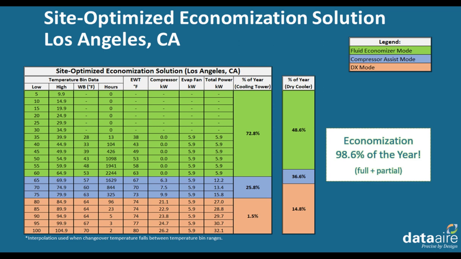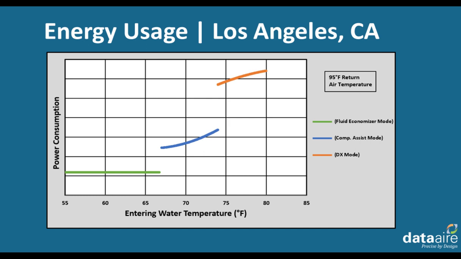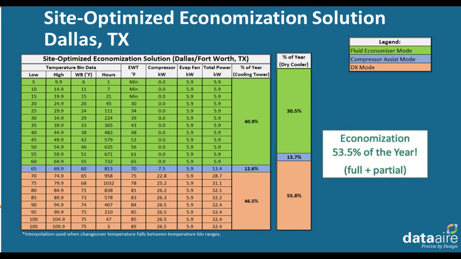So a few other examples here. This is that same chart I showed you, but this is nice to see now again because you can see that compressor assist mode is actually pretty wide for this solution. So that compressor will be running for about a quarter of the year in that compressor assist mode at that increased efficiency level.